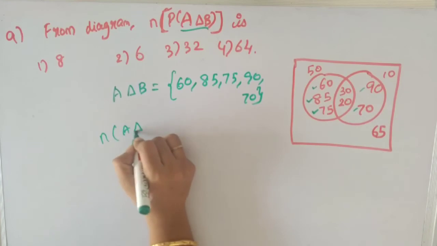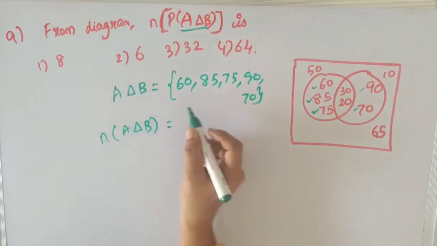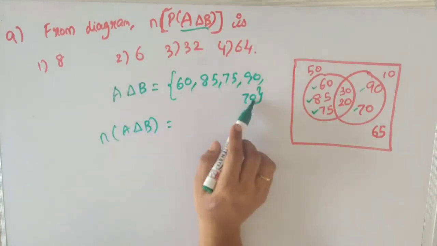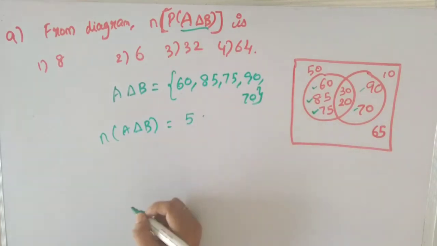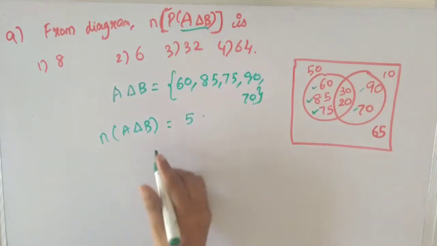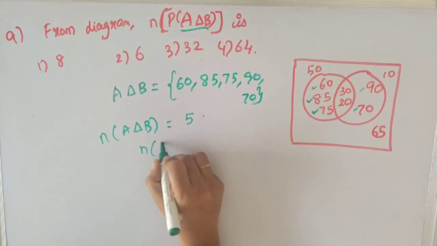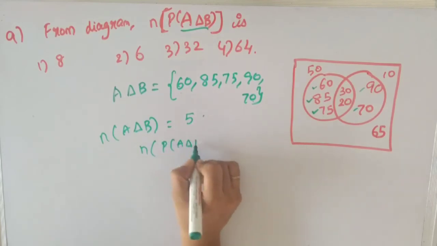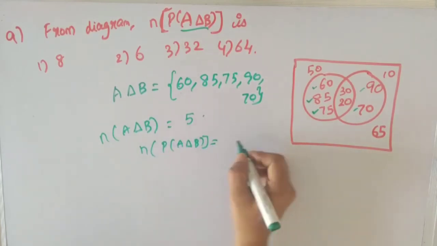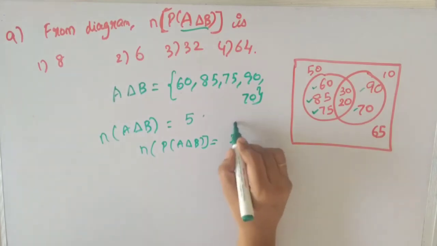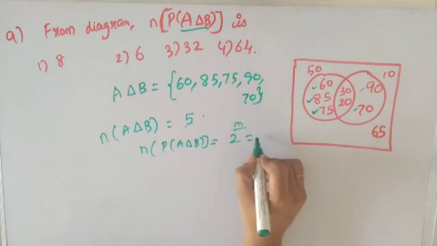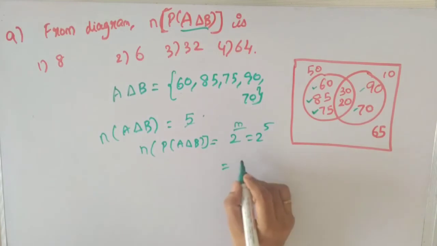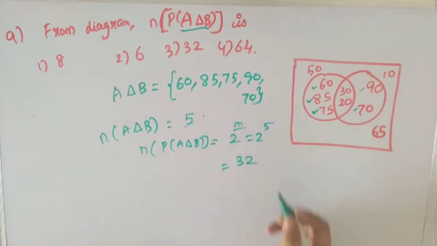We should not include the A intersection B part alone. So what is n(A symmetric difference B)? There are 5 elements. So what is n(P(A symmetric difference B))? It is nothing but 2 power m. What is m here? 5. So 2 power 5, which is nothing but 32. Clear?